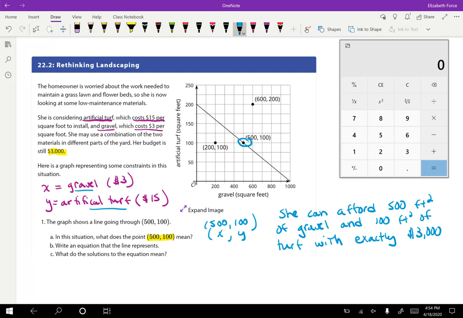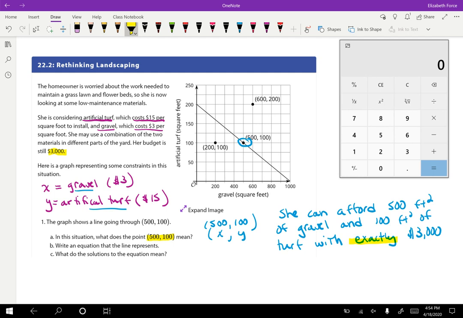And I really need you to pay attention to that word exactly. Because this point is on the line, then every point that's on that line satisfies her budget of exactly $3,000.